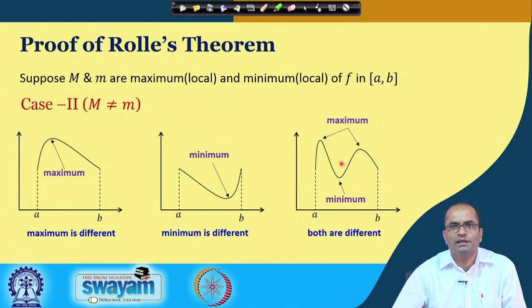In this case, the local minimum or local maximum, which is here, is different from the equal values at a and b, and here as well these two local maxima are also different from the equal value at a and b. So, both are different in this case.